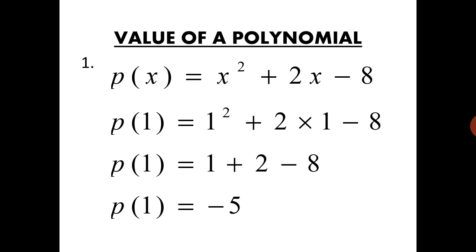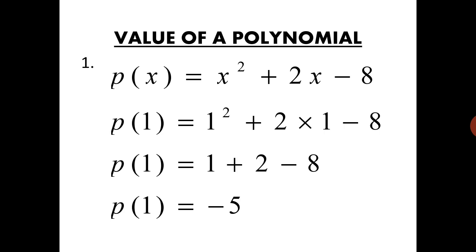You have been studying this right from 6th standard. So you know how to add or subtract integers. In this case, 1 plus 2 minus 8 gives you minus 5. So this is how we get the value of the polynomial here for p of 1 as minus 5.